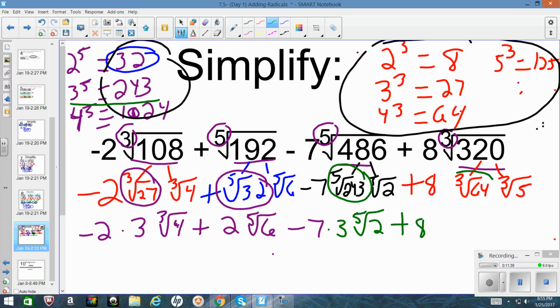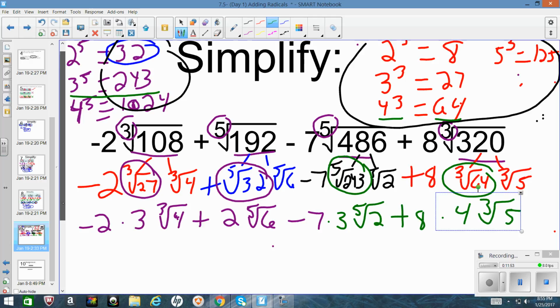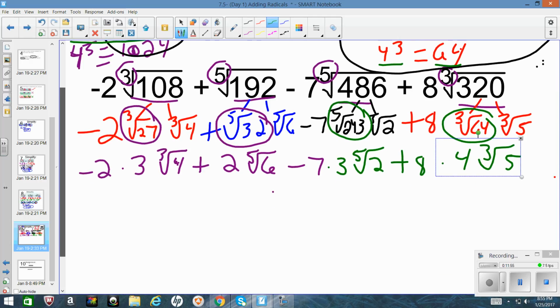And that would be plus 8. I looked at the cubed root of 64. Well, 4 to the third is 64, so the cubed root of 64 would simply be 4, and that would be times the cubed root of 5. So let's try to simplify a little bit farther.